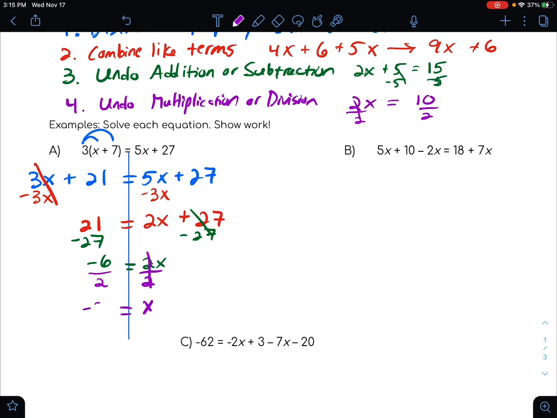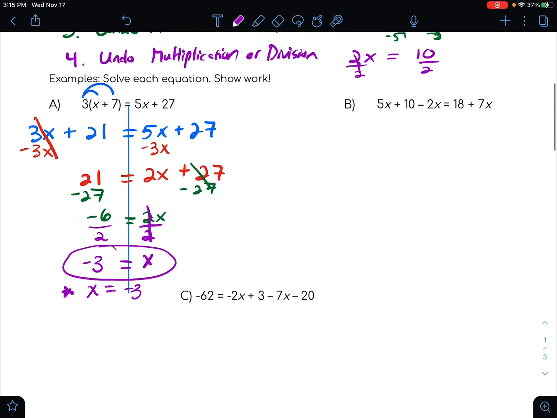Negative 6 divided by 2 is negative 3. So negative 3 is equal to x, or you can just flip it around and say x is equal to negative 3. Either way would be fine. I guess oftentimes we might prefer that second way of just writing that variable on the left is equal to the number negative 3, the solution negative 3.